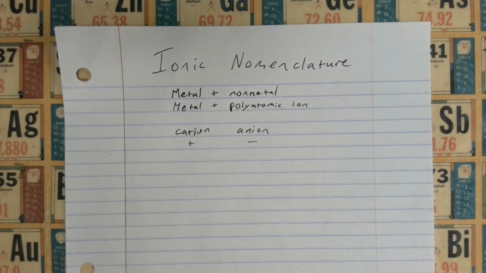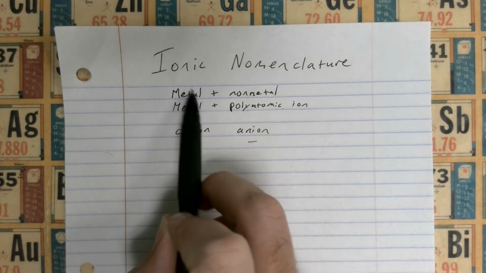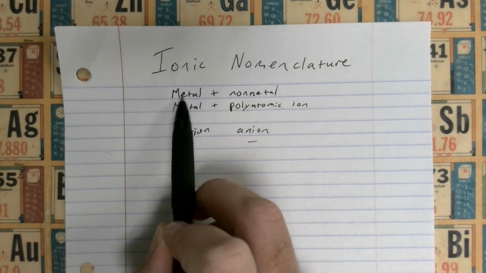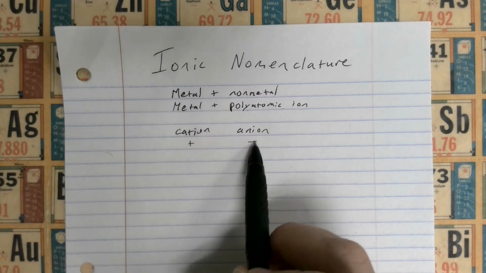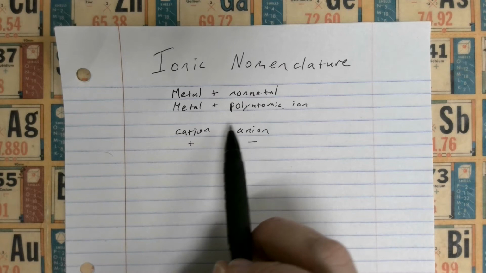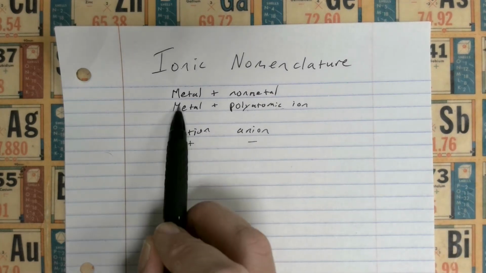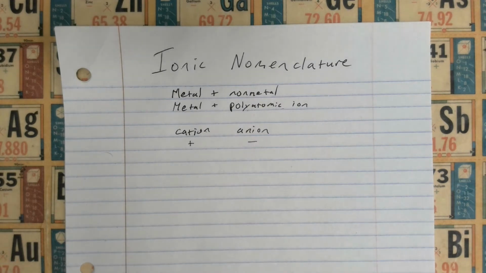So the positive ion, the cation, will almost always be the metal, and the anion will almost always be the nonmetal or the polyatomic ion. The one exception is that ammonium is a positive polyatomic ion. But for the most part, the metal is the cation and the nonmetal or the polyatomic ion is the anion.